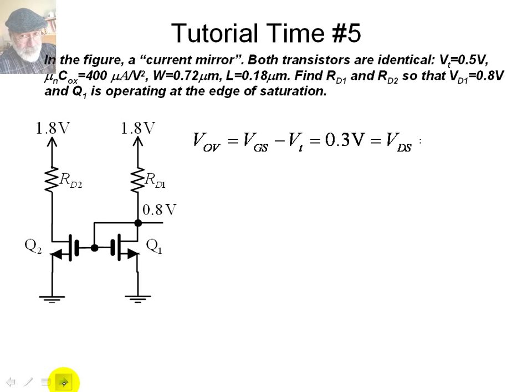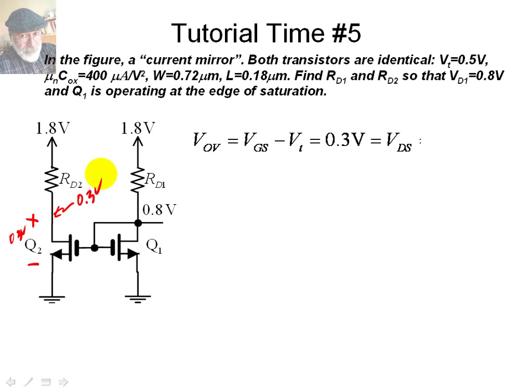But we are told that Q2 is operating at the edge of saturation. So that means that VDS, this voltage, is 0.3 volts. Okay. If that is 0.3, that means that this node here is at 0.3 volts.